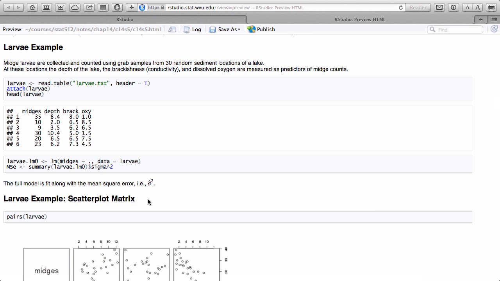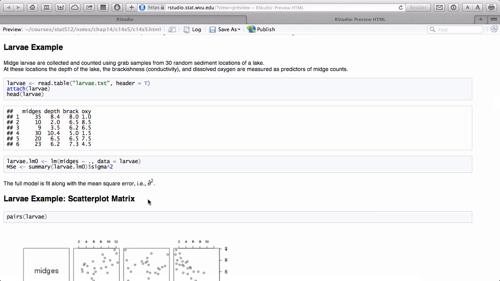Now, there's always an issue when you have a count to ask, is this count really normally distributed? And if not, maybe we should transform things. Well, we could check those assumptions to see whether we could fit the model, and then we could look at the residuals and see if they're normally distributed. But if you have a count, then another way you may fit this model is with a Poisson regression.